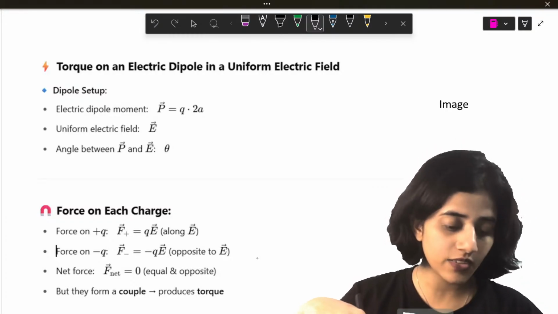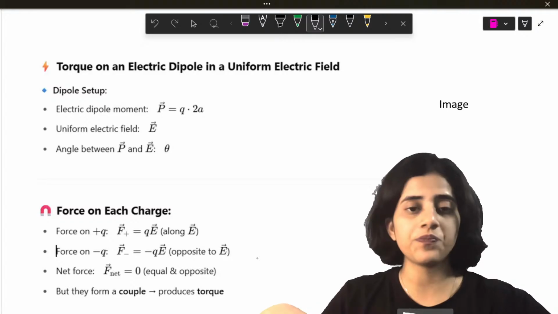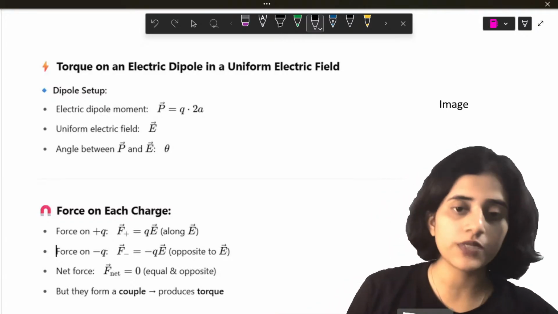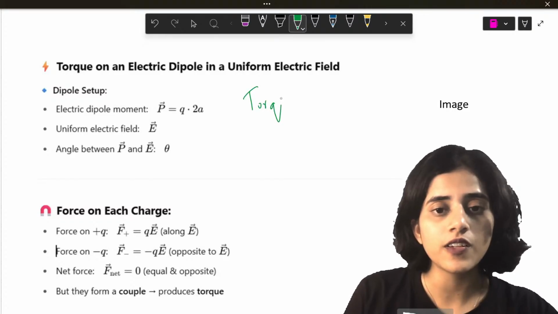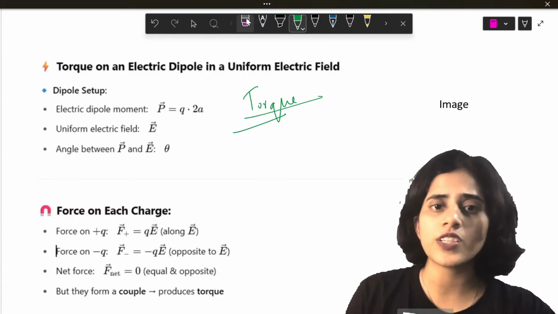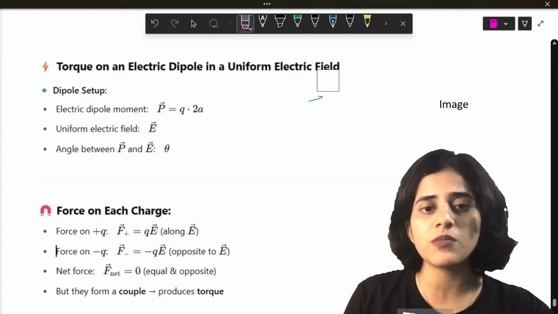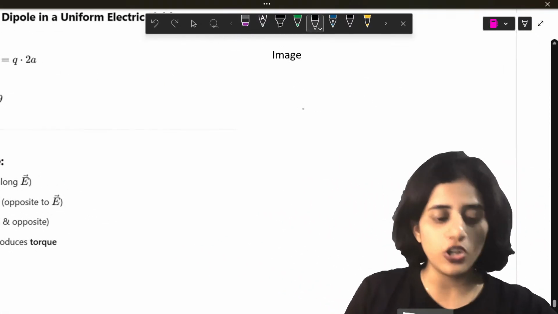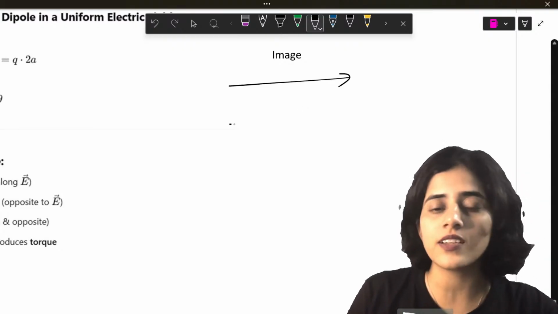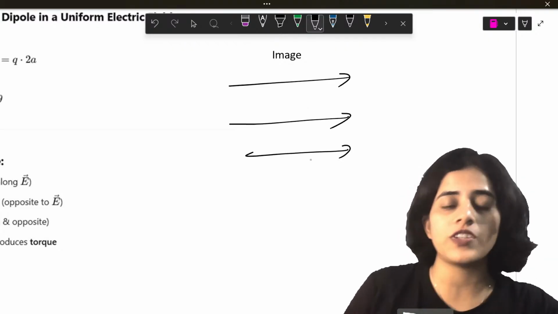Next we will look at torque. What is torque? For that, let me first draw an image. I've written image, but I've not drawn the image. Let me draw it for you. For torque, first you consider an electric field.